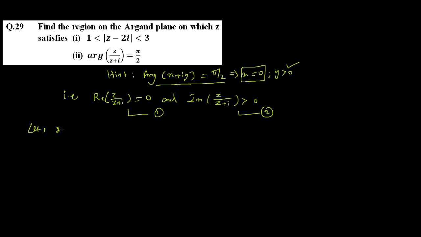Okay, let's solve z by z plus iota. That can be written as x plus iota y by x plus iota y plus iota. That is same as x plus iota y by x plus iota into 1 plus y.